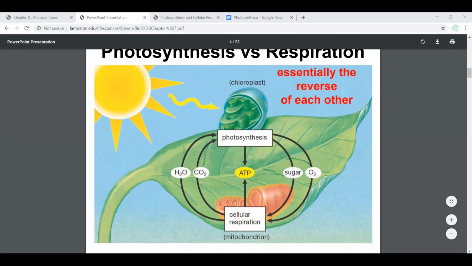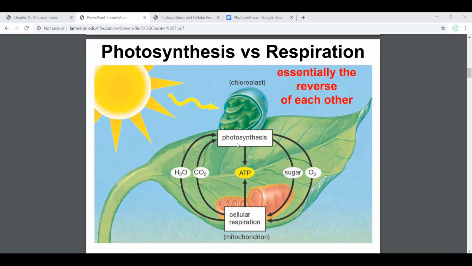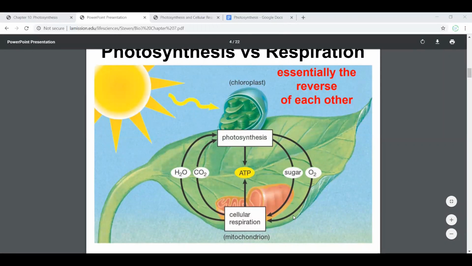And what we see is that sugars from photosynthesis, as well as O2, remember, these are the products of the photosynthesis reaction. Those become the reactants of cell respiration, and they create CO2 and water, which can then be used in photosynthesis to create sugars and O2, and then that's used in cell respiration, and the cycle just goes on and on.